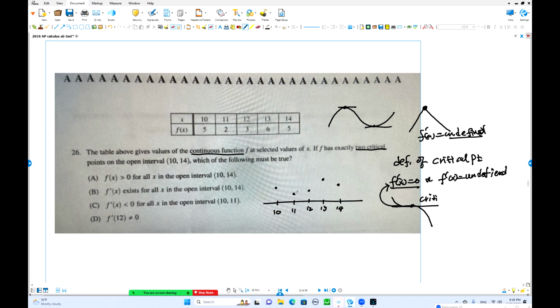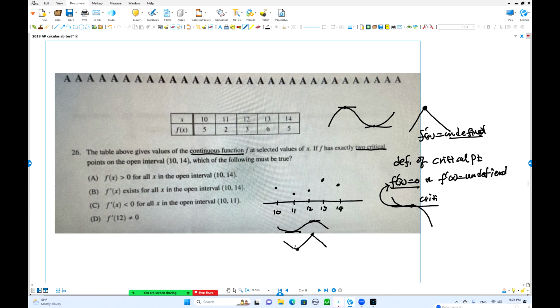Something like this is possible, right? Two critical points. If possible, the graph looks like this. At these 2 points, the slope of the tangent, or derivative, is 0. Or this is okay too, undefined, still two critical points.